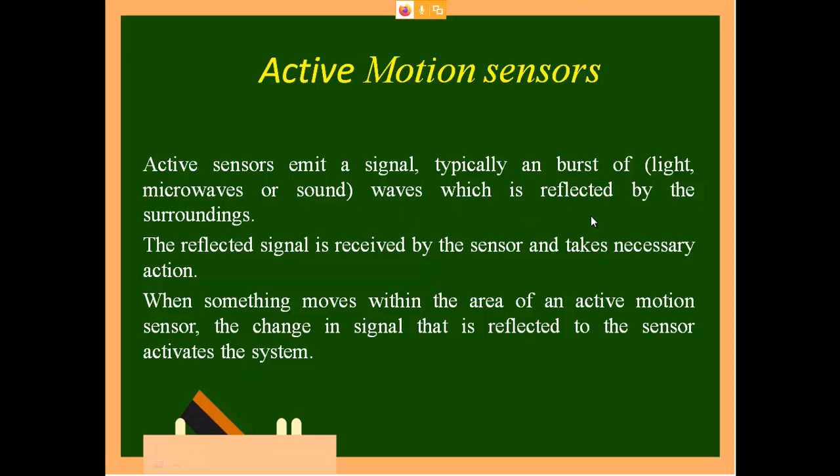Whatever is possible, I can send a light wave, or a microwave, or a sound wave. Light is usually used where no security is required. If security is needed, where no one should notice that a sensor has been kept, then I will go for microwave.